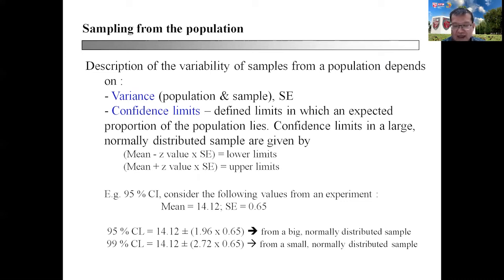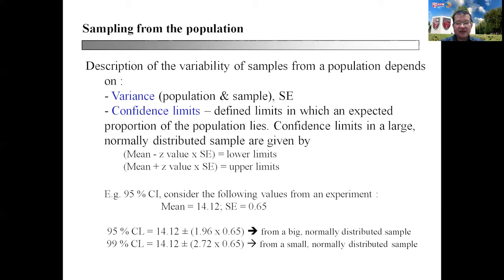So in this case, 14.12 plus the product of 1.96 multiplied by 0.65 will be the upper limit. And 14.12 minus the product of 1.96 multiplied by 0.65 will give you the lower limit.